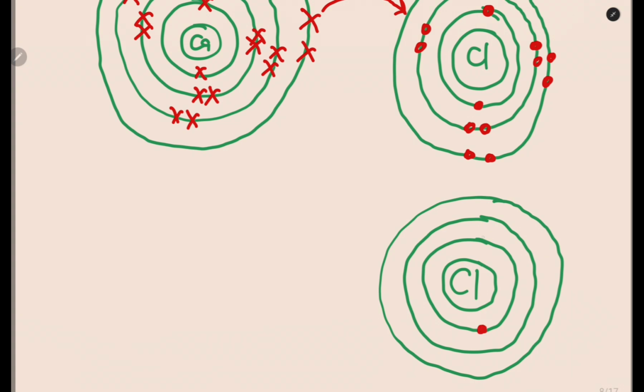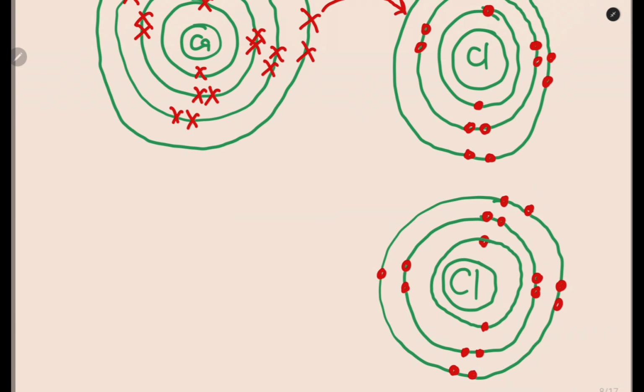Since we are dealing with chlorine, I'll maintain the dots for electrons. We're supposed to have just 2 electrons. Let me put them nicely. So here we have 8 electrons. Okay, so here we have 7.